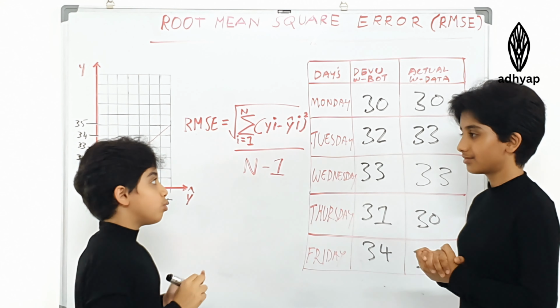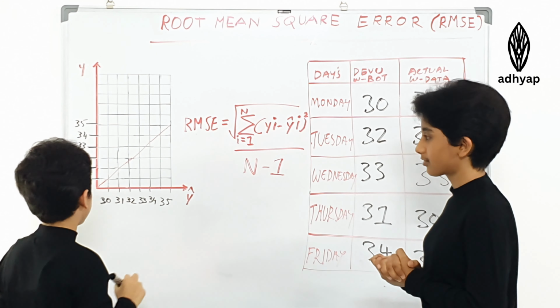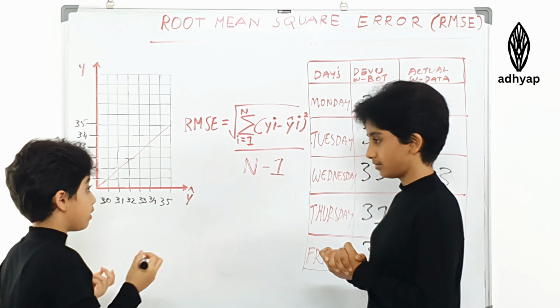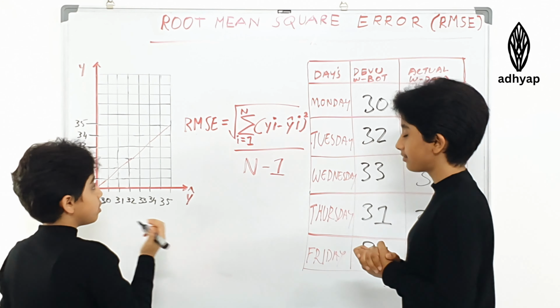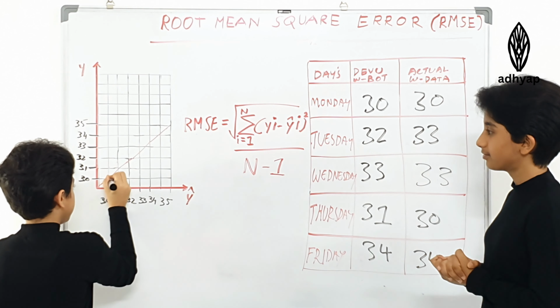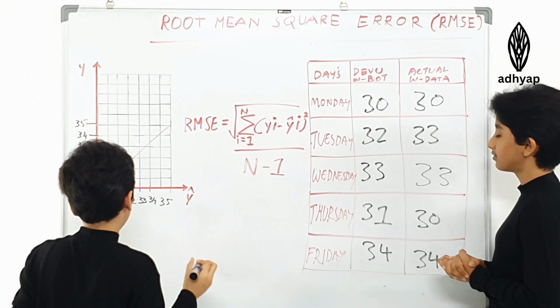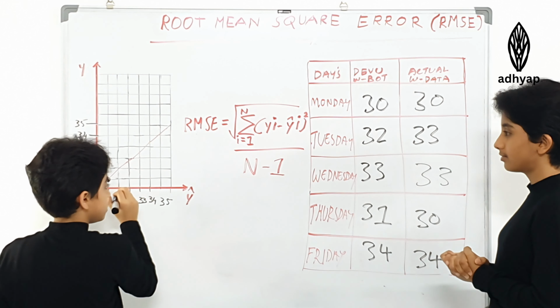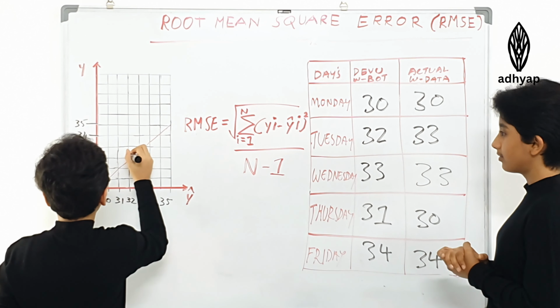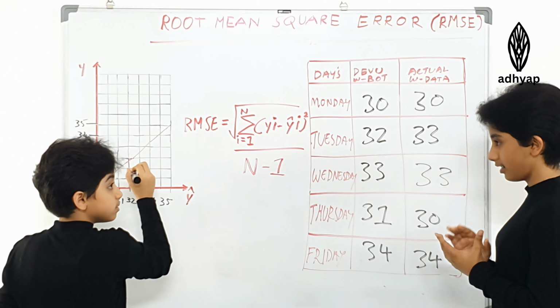Now, let's try to visualize this in a regression graph. So, Monday, 30 and 30. On Tuesday, it was 32 and 33. Can I just explain here?